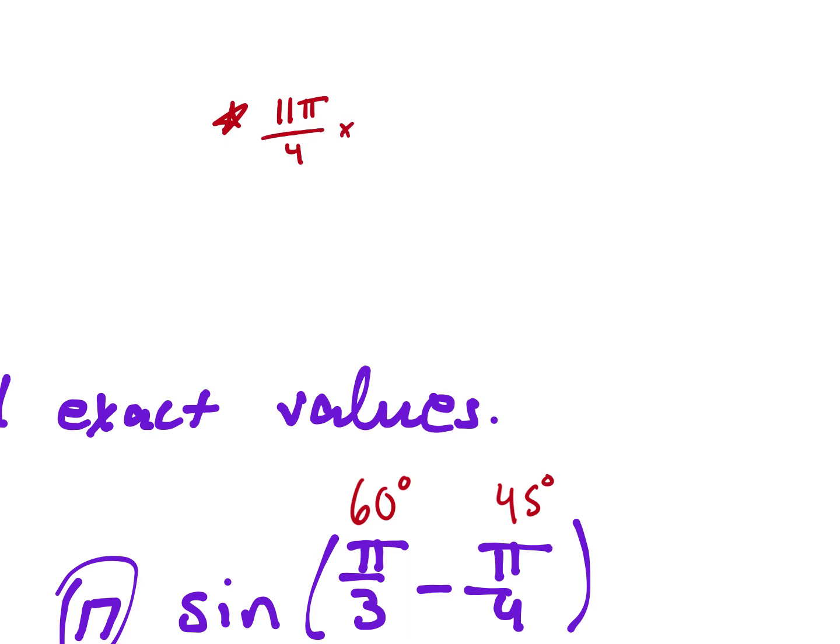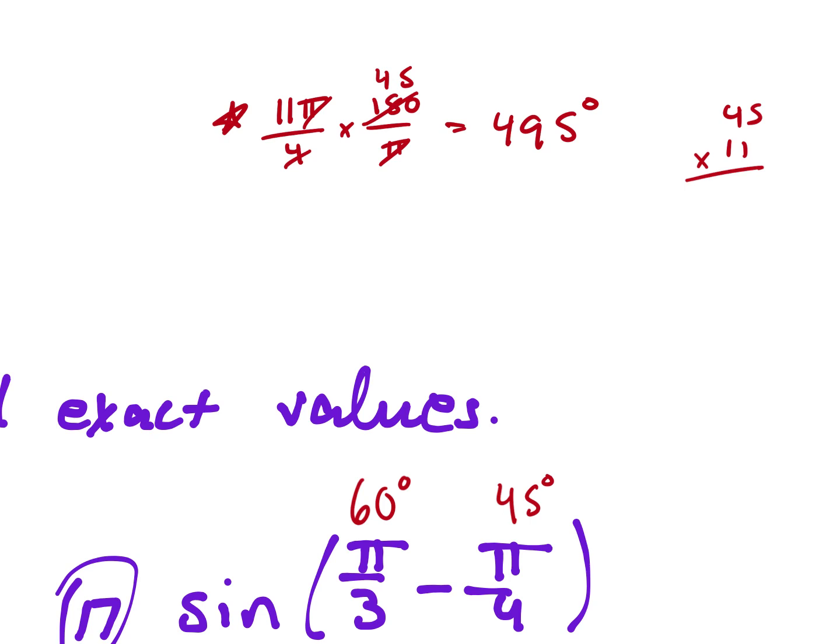So how do I convert it to degrees? Multiply by 180 over pi, so the pi's cancel. 4 goes into 180 45 times, and 45 times 11 is 495. You do not get a calculator, but you can write it down and multiply it.